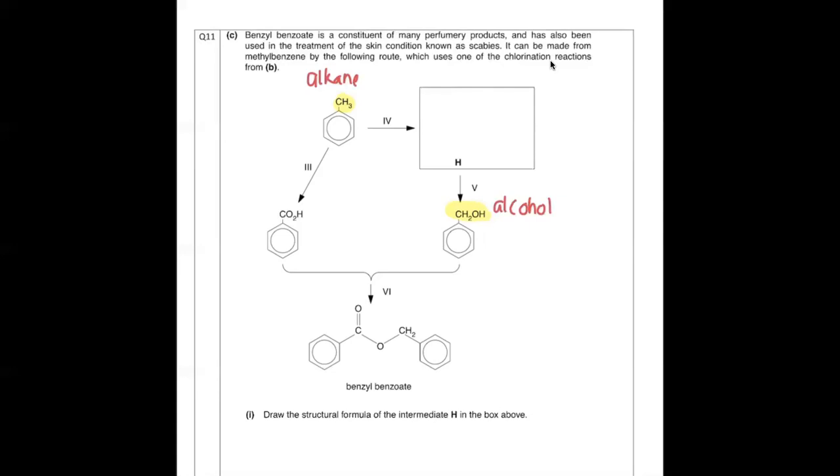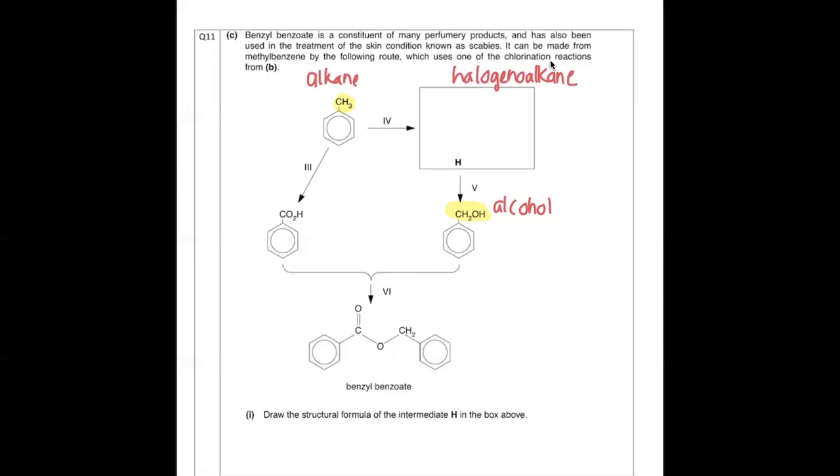Okay, as a matter of fact, the answer is a halogenoalkane. Okay, why can alkane not go to an alkene? Because you only have one carbon in the side chain, right? So this is in fact a halogenoalkane. That H is a halogenoalkane that you have to identify. Okay, so that is all the hint that I'm going to give you.